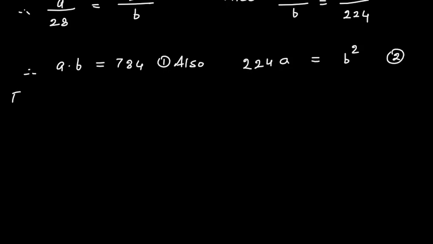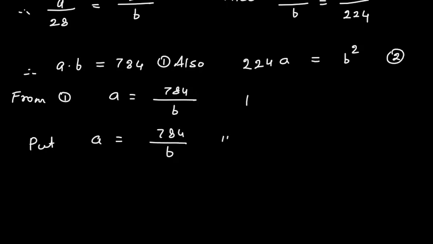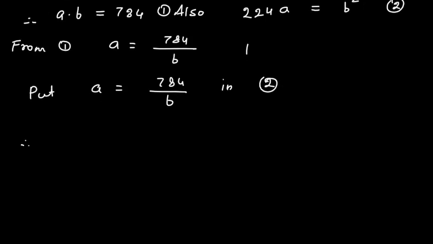So I will say that from 1 a will become 784 divided by b. So I will say put a equal to 784 divided by b in second equation. So therefore we have 224 into this is 784 divided by b is equals to b square.